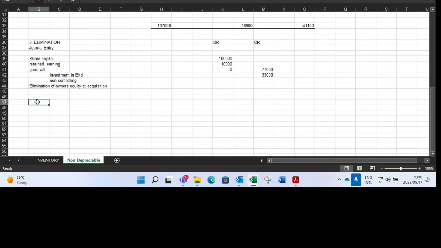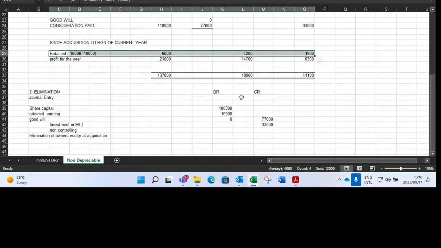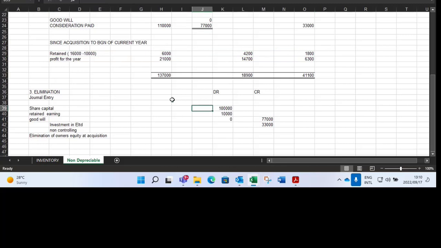Then we've got journal number 2, which will be the recording of the retained earnings that happened since acquisition. It will also be affected by the non-controlling interest.